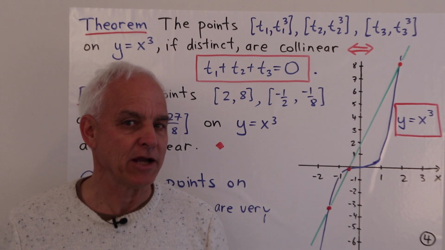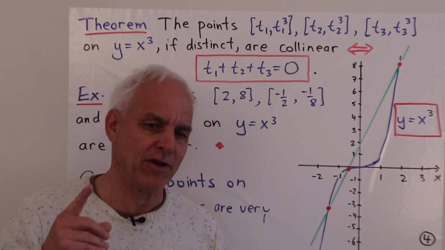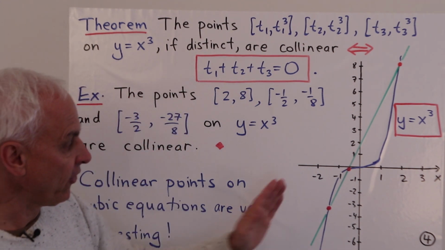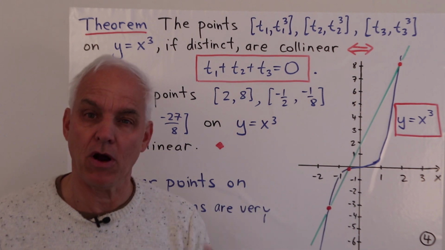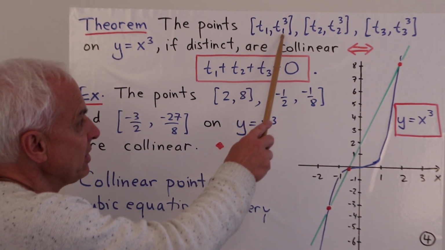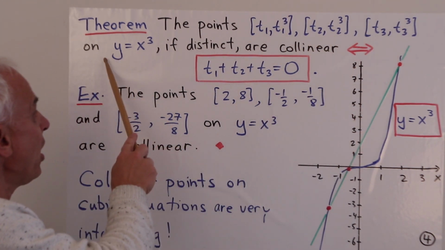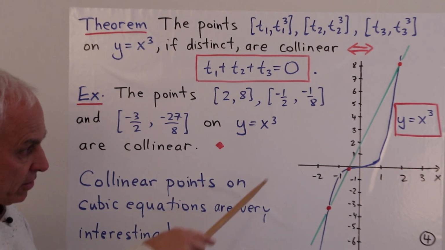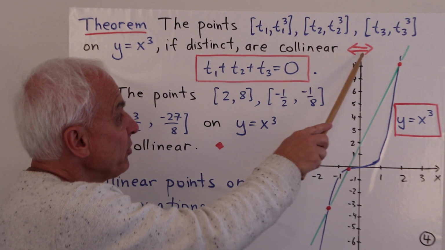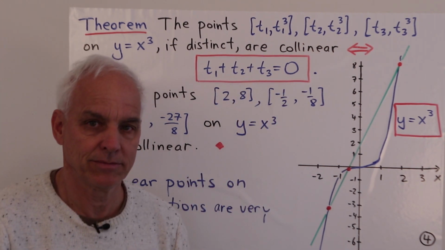Now we can extract from that very nice formula a very pleasant and interesting geometrical understanding that tells us when 3 points on the cubic are collinear. So the points t1, t1 cubed, t2, t2 cubed, t3, t3 cubed on y equals x cubed, on our curve that we're considering, if distinct, they are collinear precisely when t1 plus t2 plus t3 equals 0.